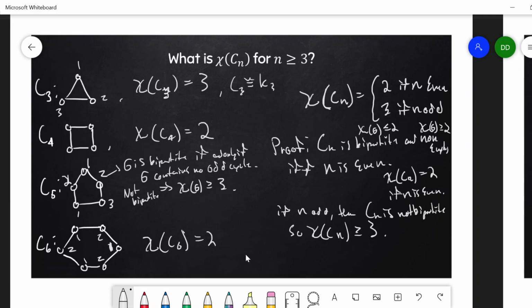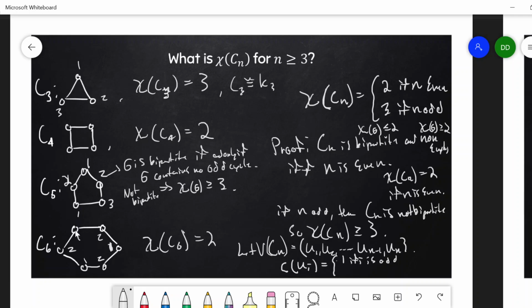Let the vertex set of Cn be the cycle U1, U2, up through U(n-1), and finally Un. Our coloring c of Ui is going to be 1 if i is odd and 2 if i is even.